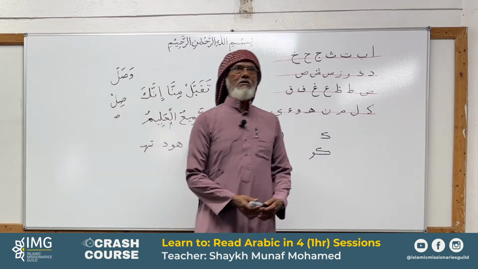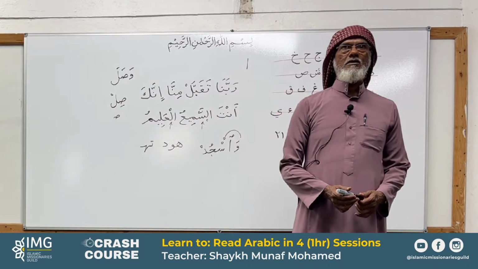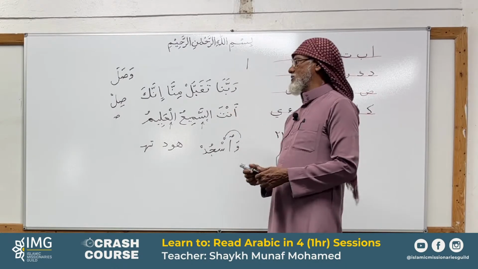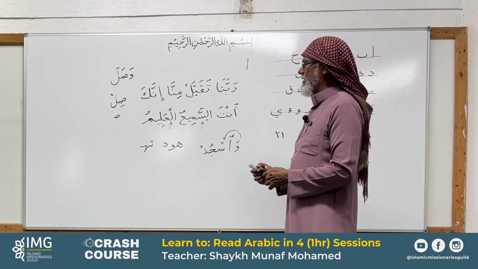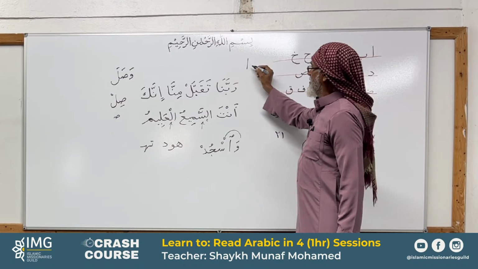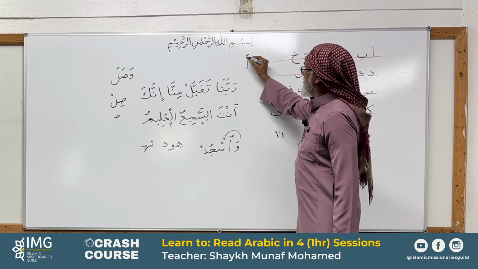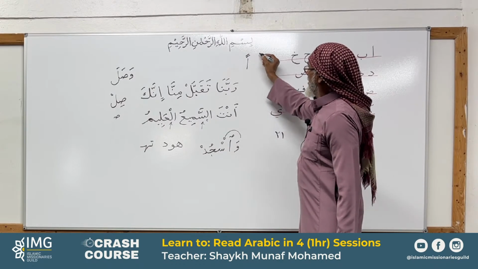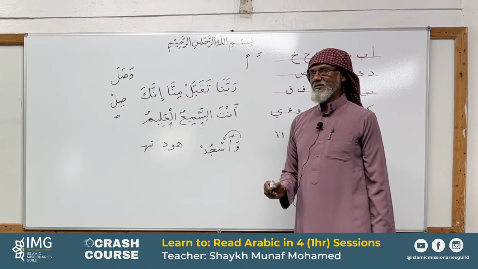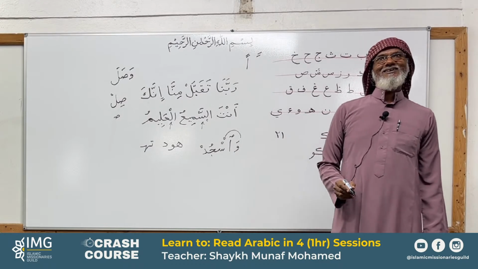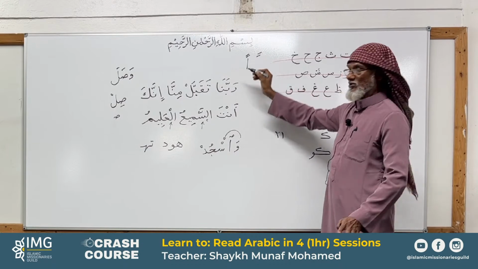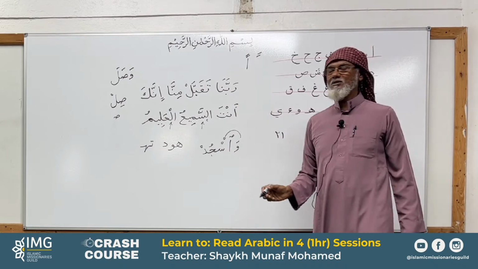Any other question? Even when you start learning the rules of tajweed, you will see some subtle differences. Sometimes you will have a tanween fatha looking like this, and then you may have a tanween fatha looking like this. Can you see any difference? This one is exactly over, and this one is a little bit further up. So this is one rule, this is another rule.